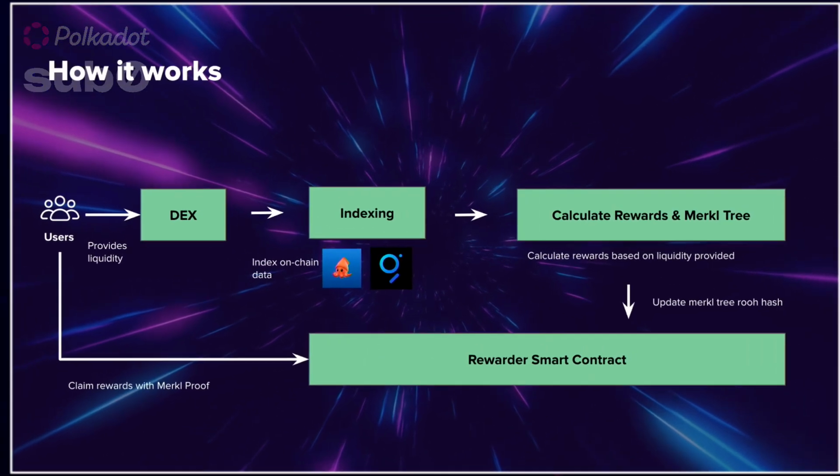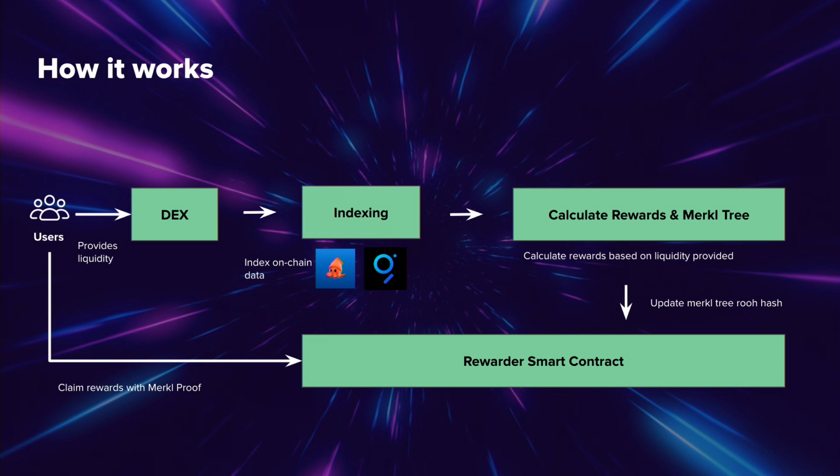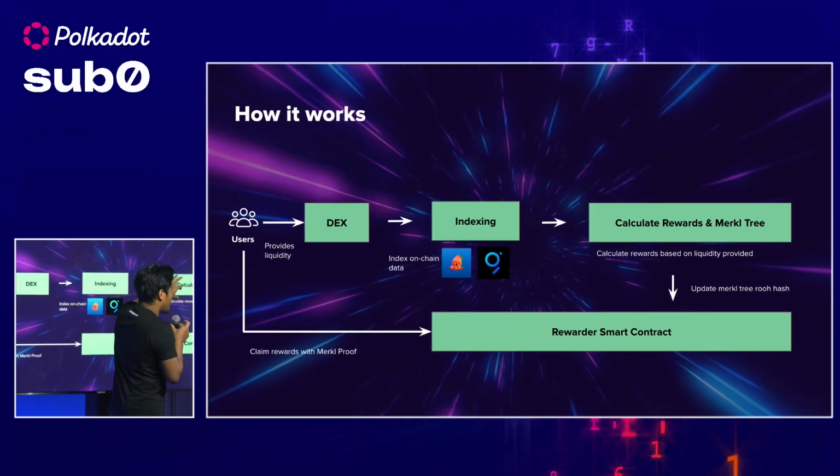Based on the on-chain data, identifying users' positions, characteristics and conditions, we can then calculate the rewards, right, based on the liquidity provided. That is then stored and verified within the Merkle tree. It's going to be updated.